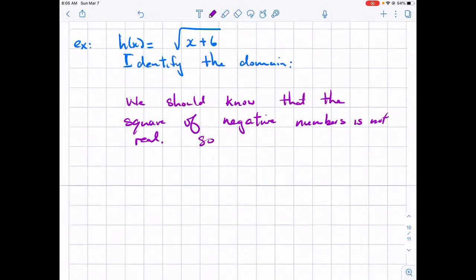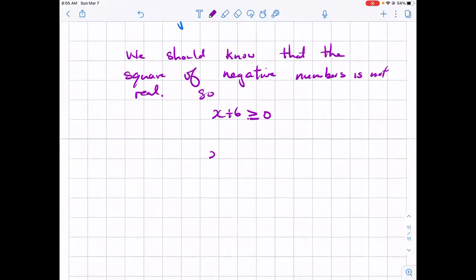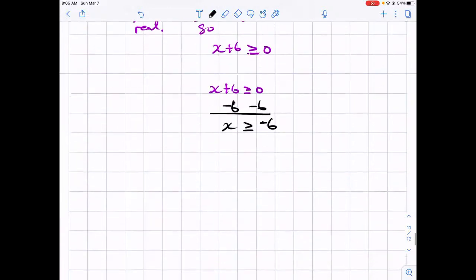So x plus 6 must be greater than or equal to 0, right? And if we subtract 6 on both sides, x has to be greater than or equal to negative 6.